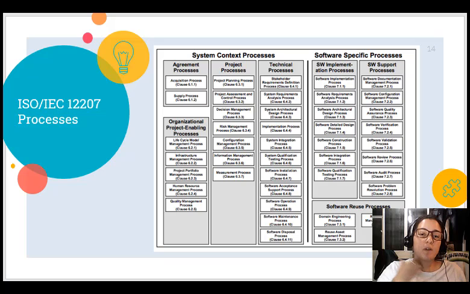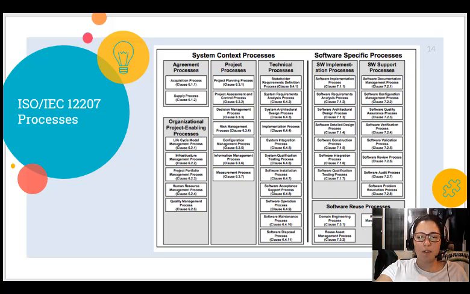Three, project processes. In the international standard the projects have been chosen as the context for describing processes concerned with planning, assessment and control. The principles related to these processes can be applied in any area of organization management. Four, technical processes.